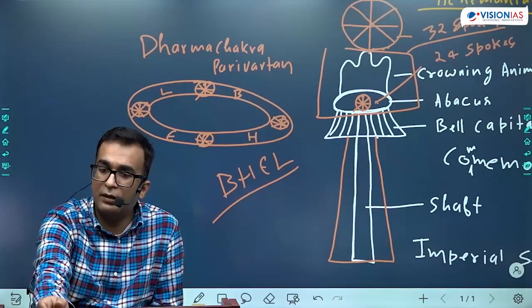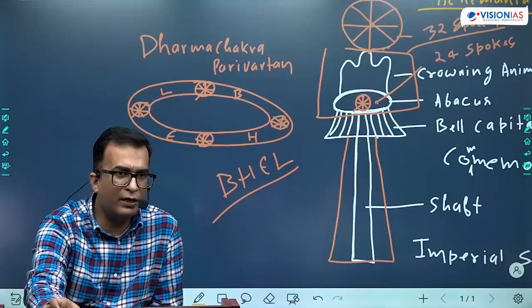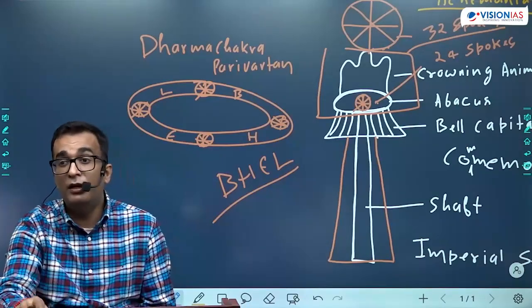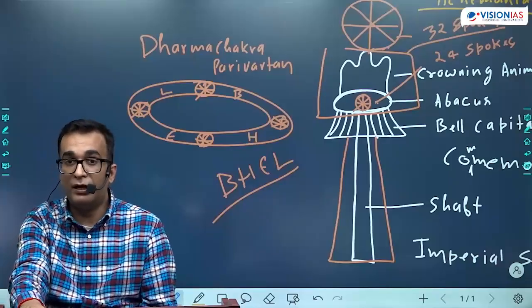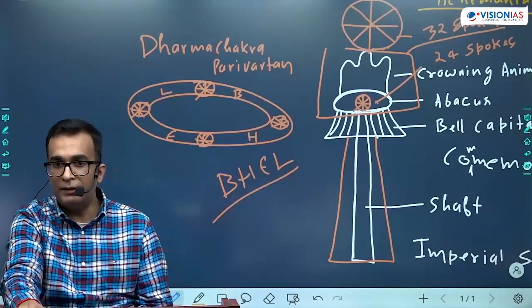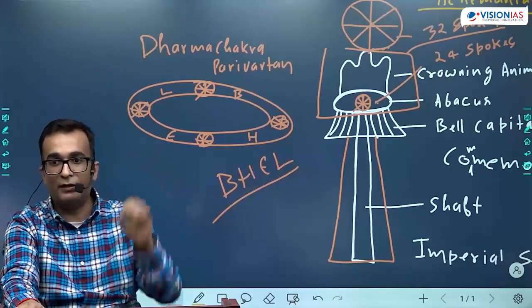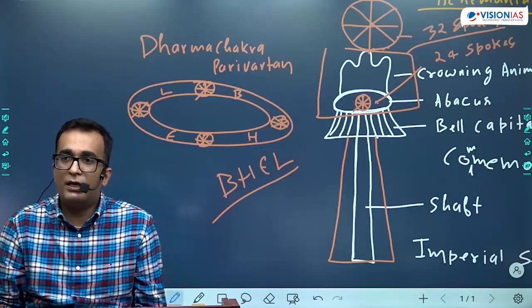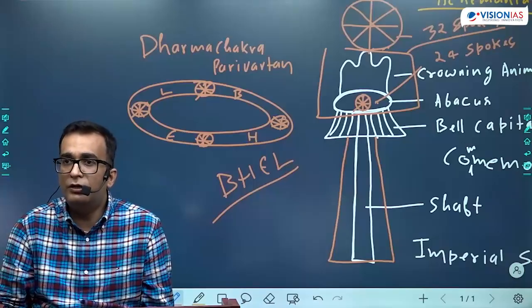Then one more line you write, it is not related to the architecture. This place is actually related to the national emblem of the Government of India. The national emblem is not complete without one tagline, the motto. And what is the motto? Satyameva Jayate, and it has been taken from the Mundak Upanishad.